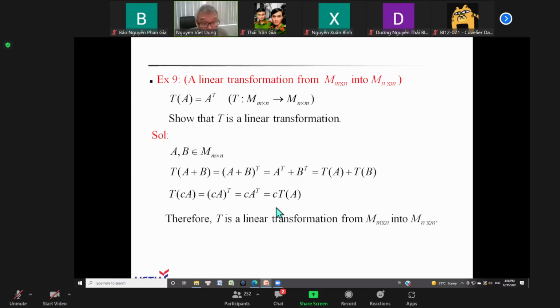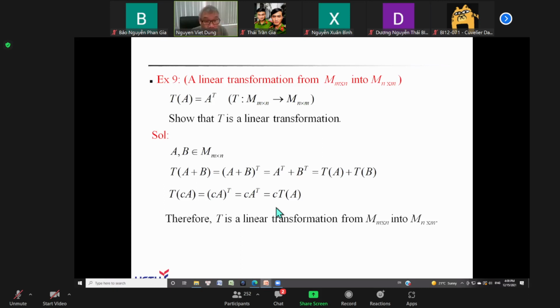I give you some more examples here. The linear transformation from m by n into n by m means that we send a matrix A to its transpose. Then the sign of that will be changed. Then that one again is a linear transformation.